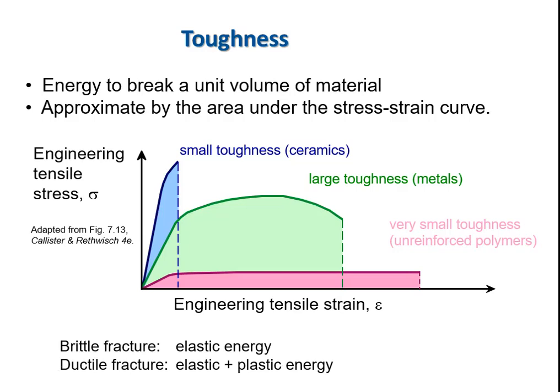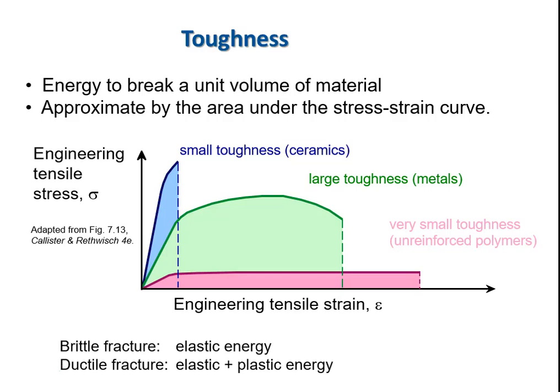So those will actually have what's called a very low toughness, and in fact what toughness it has is only resilience. So it could be that the area under the curve, such as we see in the blue portion, the blue material on our graph that says small toughness ceramics, that could be pretty much all or nearly all elastic strain energy.